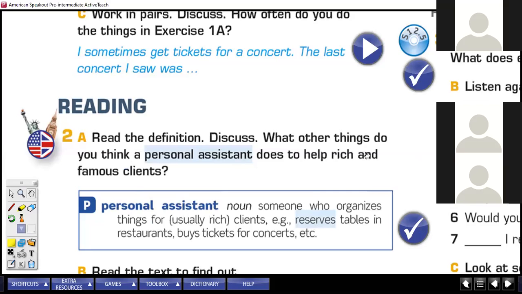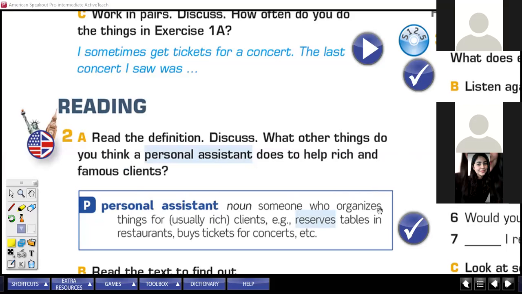Personal assistant. Noun, someone who organizes things for usually rich clients. He reserves tables in the restaurants, buys tickets for concerts, etc.